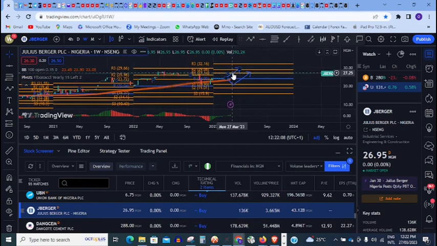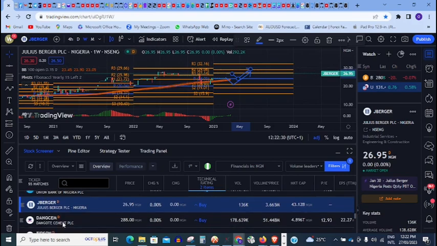It is at a resistance. So we will rather wait for a pullback. So most likely, I will wait for markets to do something like this. Then take your profit at 30 naira.